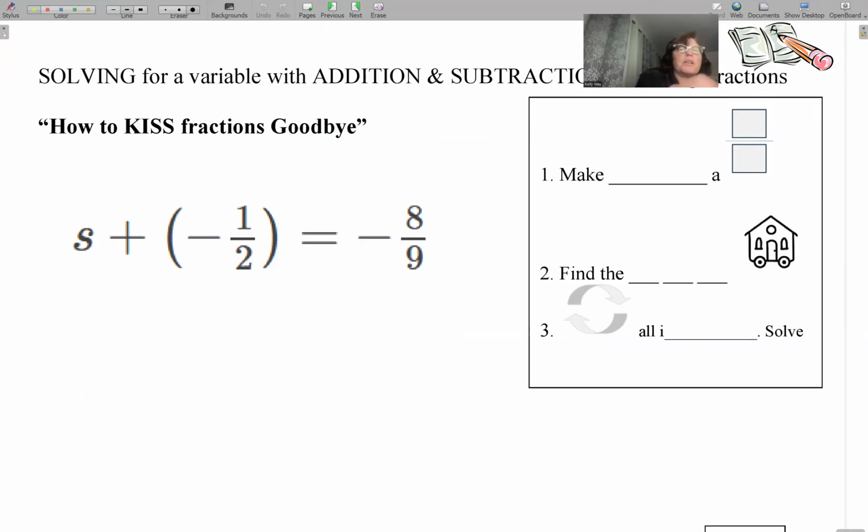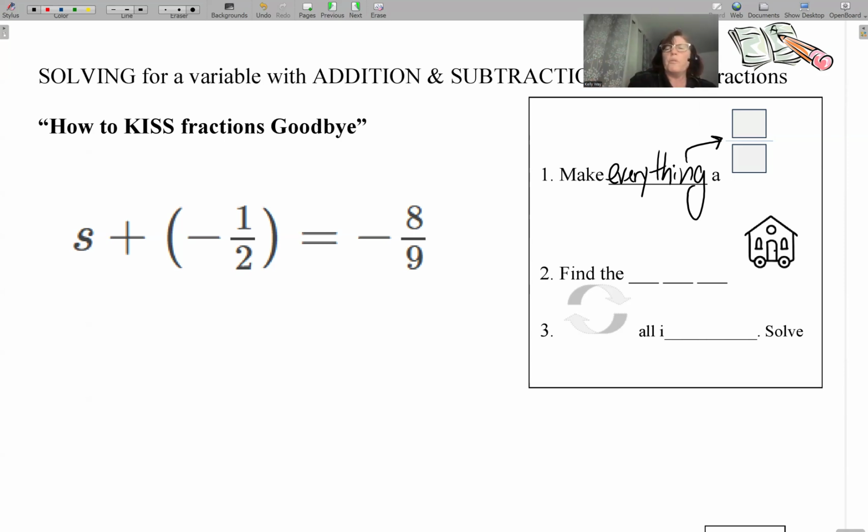Okay, and there's 3 steps to it. First step is to make everything a fraction. Technically an improper fraction, not a mixed number. So the first step to kiss fractions goodbye is to make sure everything is a fraction.